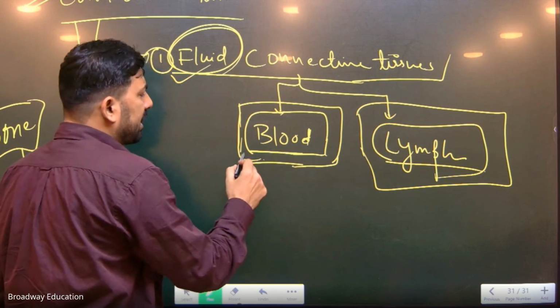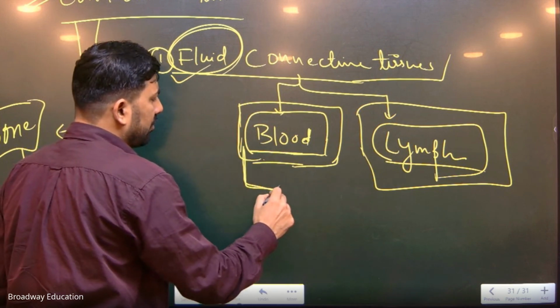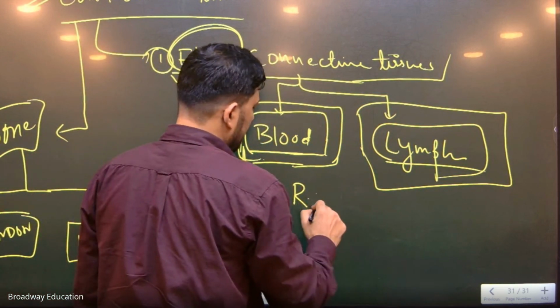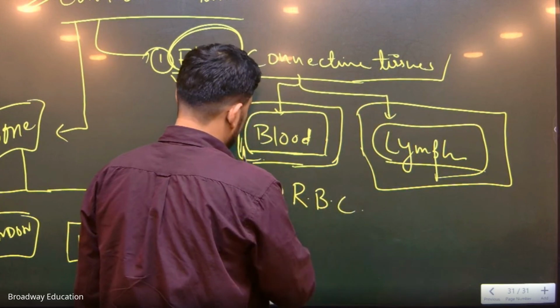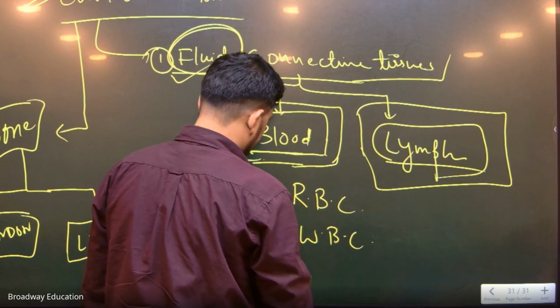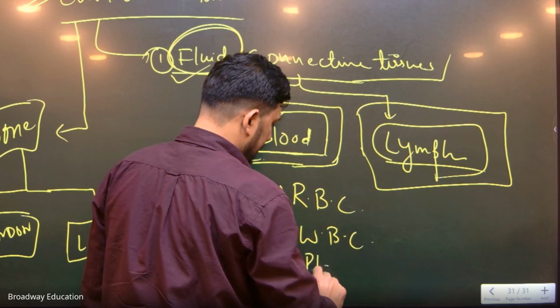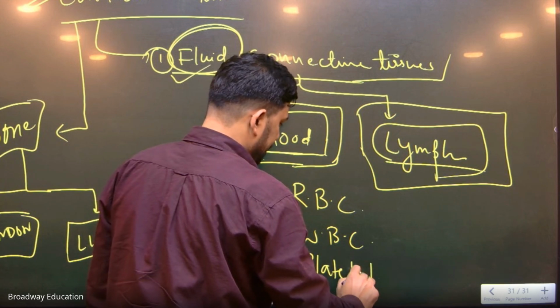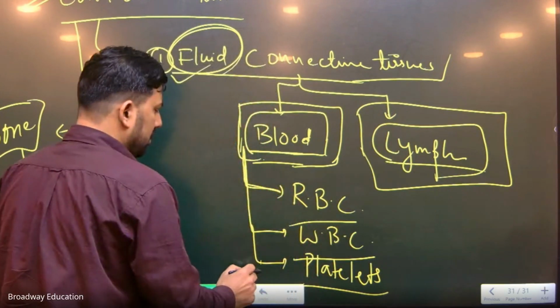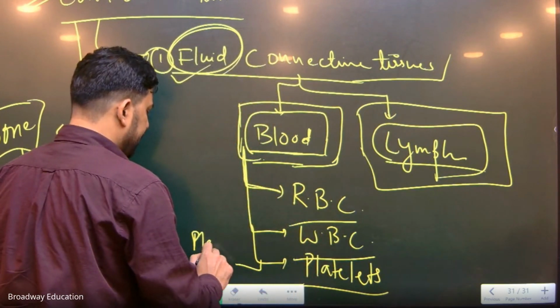Now in the blood part you can write there. Blood basically comprises RBC, WBC, platelets, and plasma.